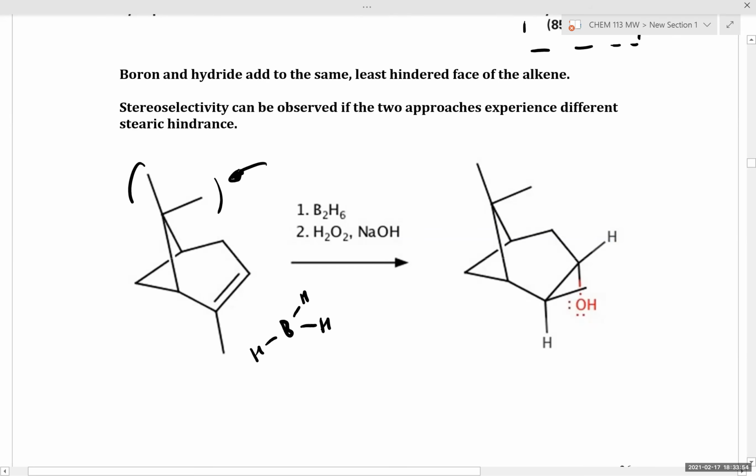So in this case, the top face is blocked, so the boron approaches from the bottom face. And this occurs if the two different approaches of our boron or BH3 equivalent are non-equivalent.